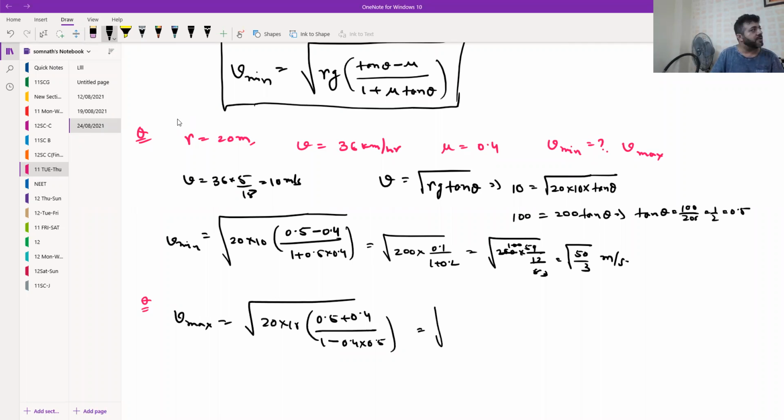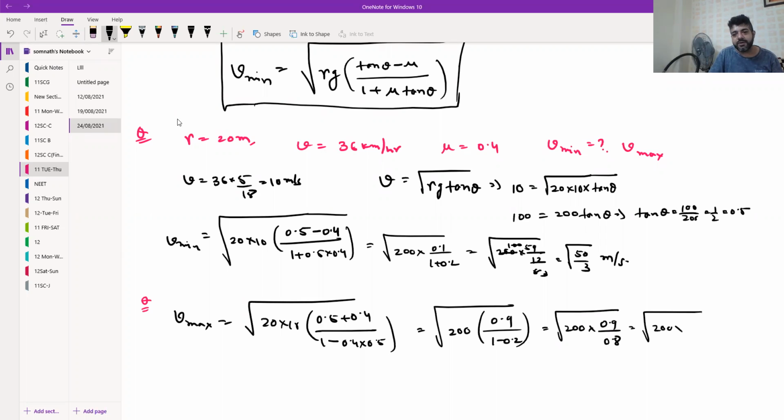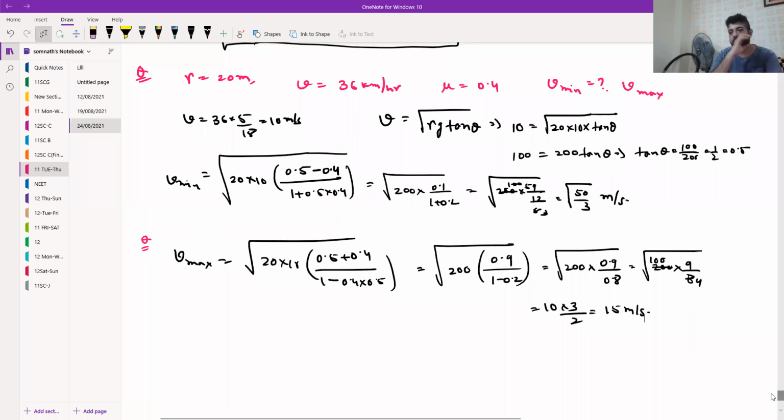So what you have? 200 times 0.9 by 1 minus 0.2, that is 200 times 0.9 by 0.8, that is 225, so v max is 15 meter per second. Yes or no? Everyone, yes? Yes, sir.